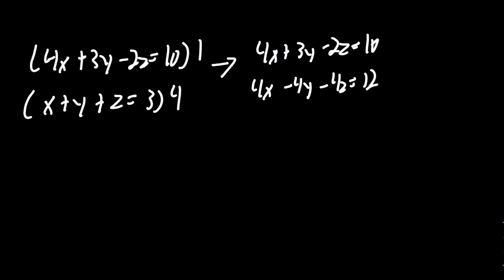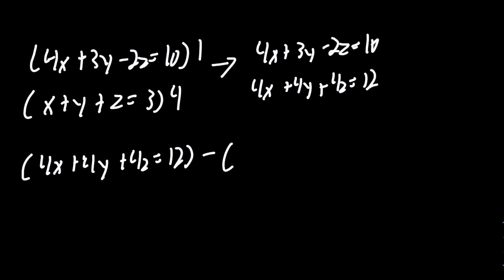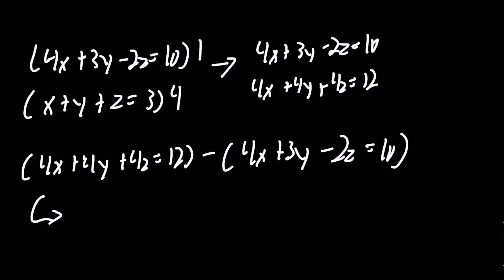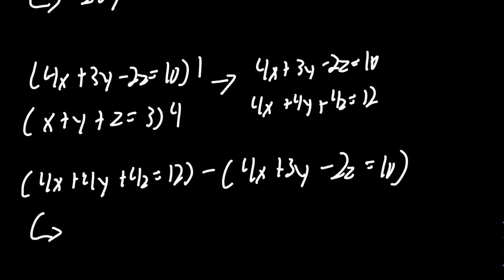We're going to subtract equation 1 from equation 2. So we get 4x plus 4y plus 4z equals 12 minus the equation 4x plus 3y minus 2z equals 10. As a result, the difference becomes y plus 6z equals 2.